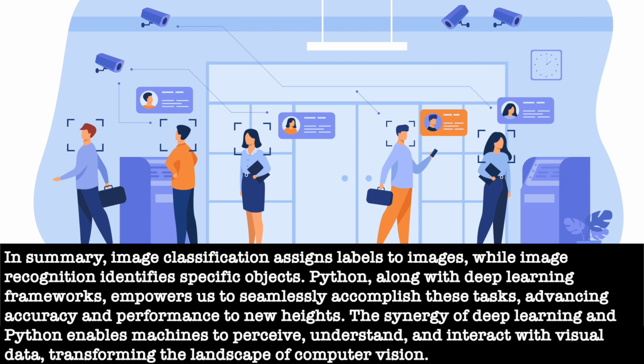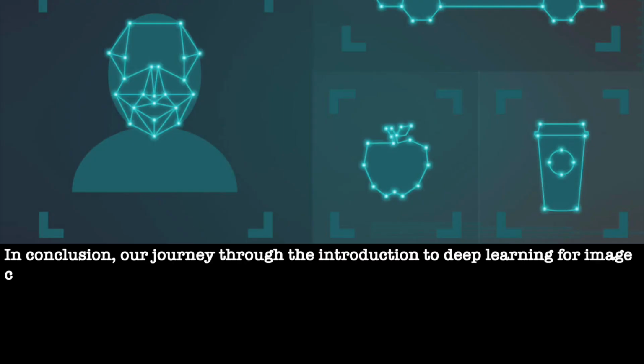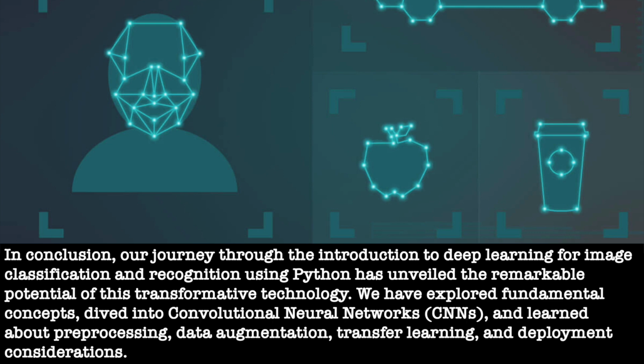The synergy of deep learning and Python enables machines to perceive, understand and interact with visual data, transforming the landscape of computer vision. In conclusion, our journey through the introduction to deep learning for image classification and recognition using Python has unveiled the remarkable potential of these transformative technologies.